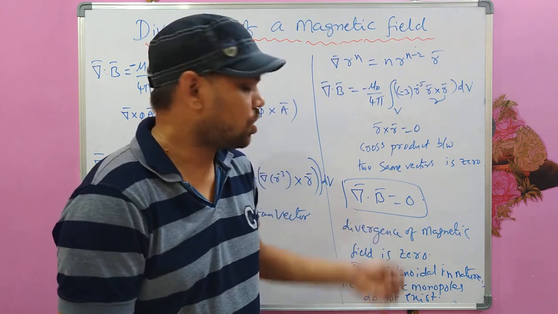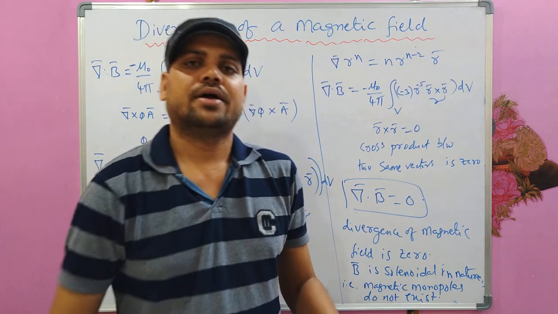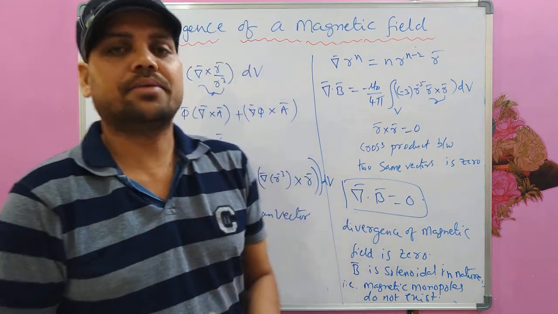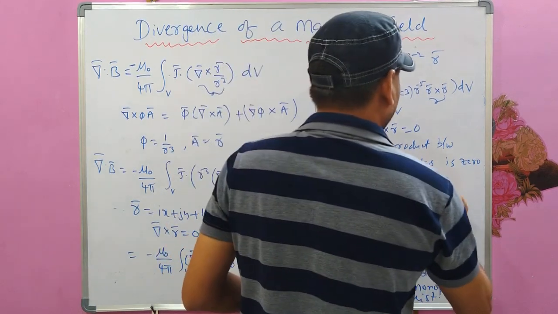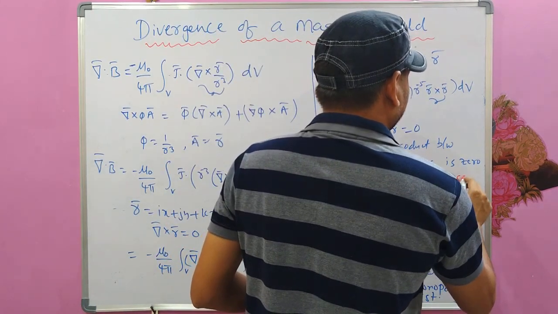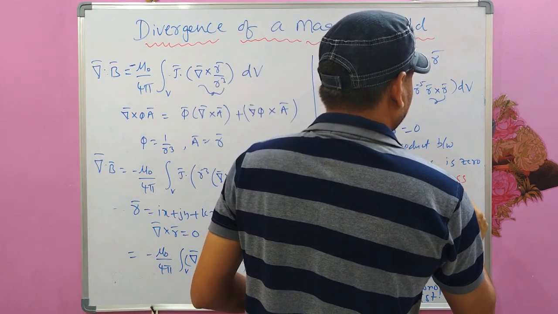So this is also called Gauss law in magnetism in differential form.